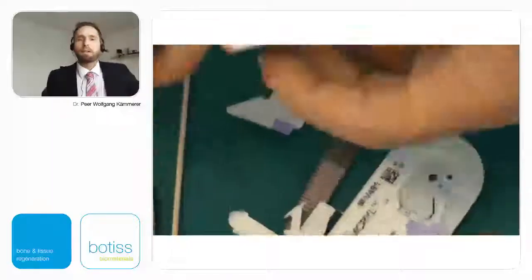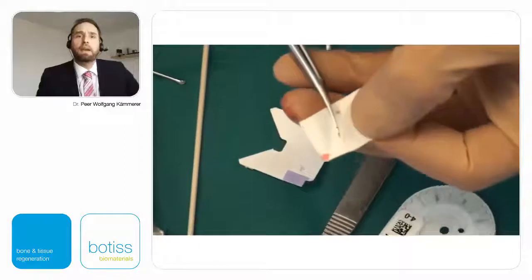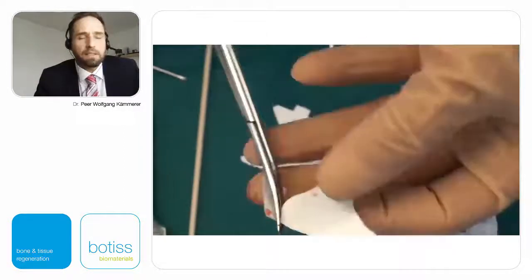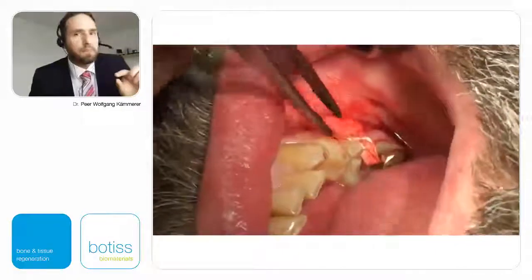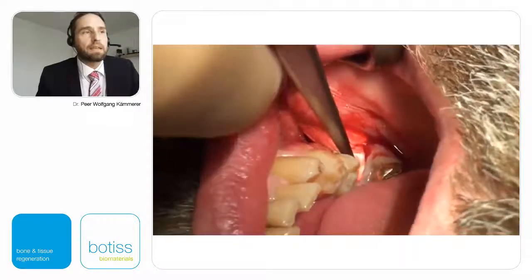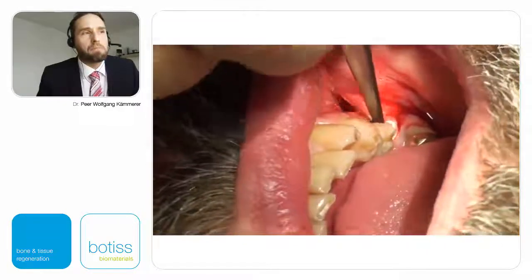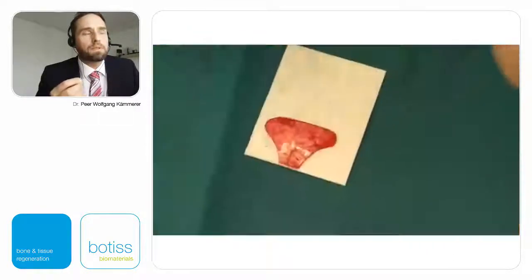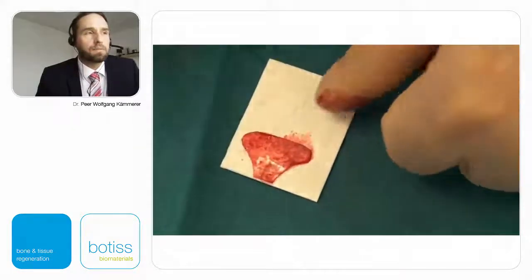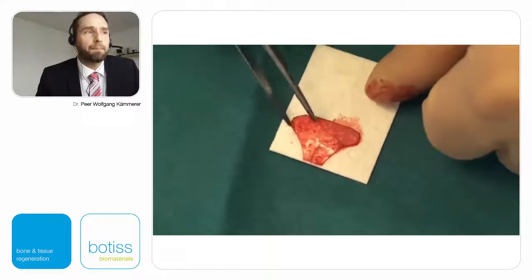Sometimes it's difficult to handle the membrane when it's wet. It's quite good to do it, but it's not that stable. So sometimes we use this just to have the correct size of the graft, just taking an imprint.